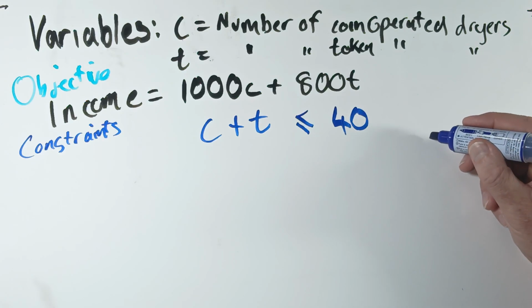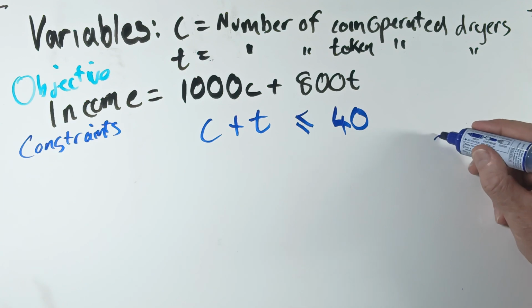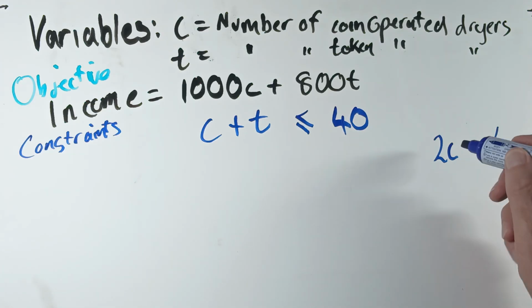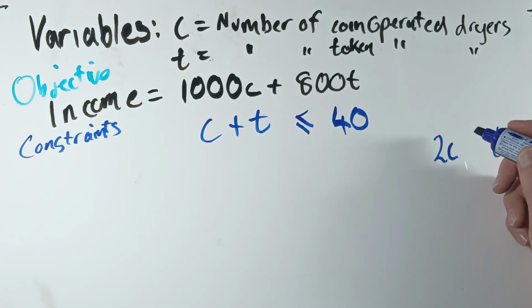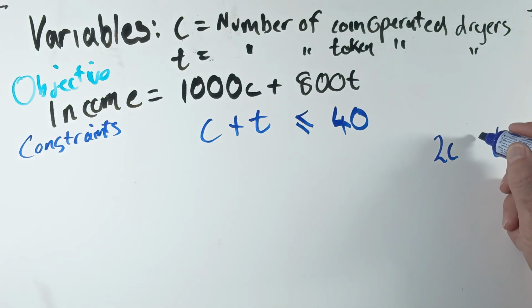So the token operated are going to be twice as many as the number of coin operated ones. We've got to multiply the number of coin dryers by 2 for the token operated ones, and then the question is which way around to put at least twice as many. So there could be more than twice as many, so T could be more than this number. So I'm going to put it that way around there.